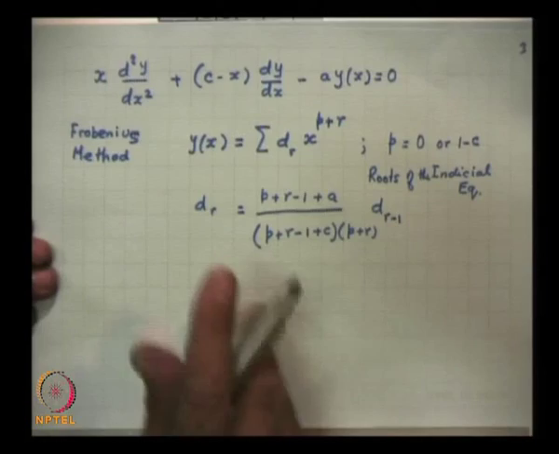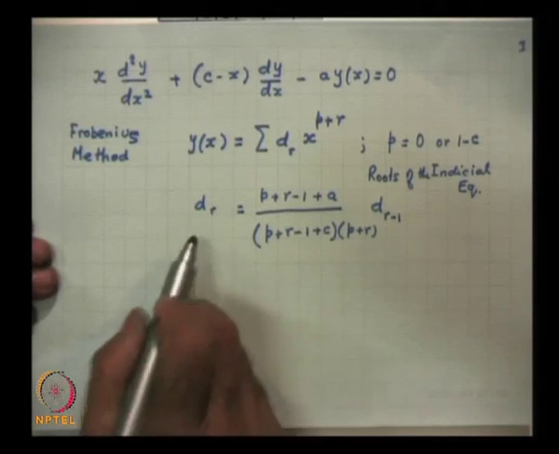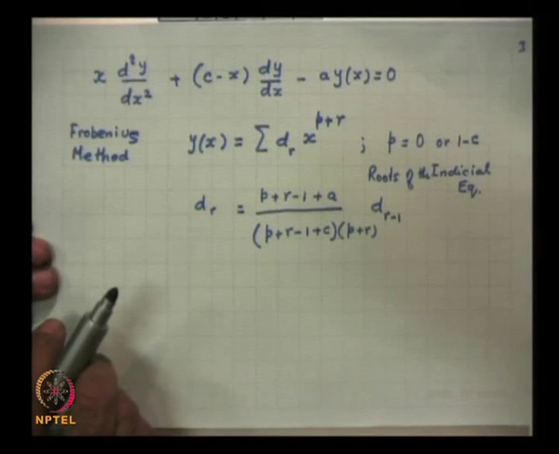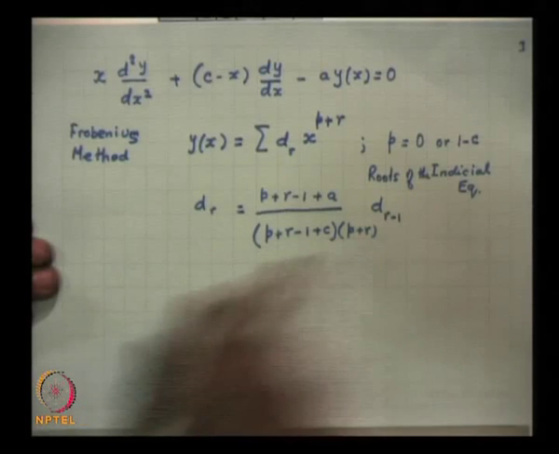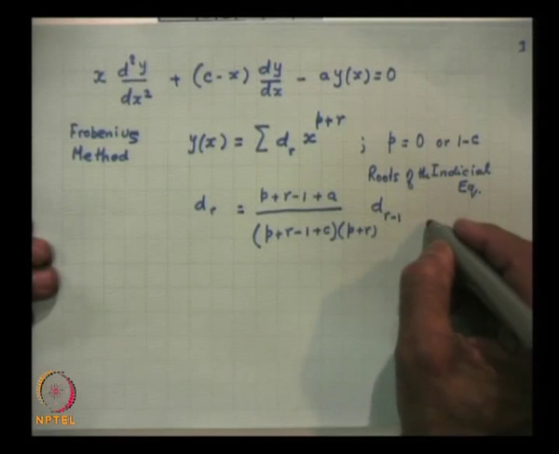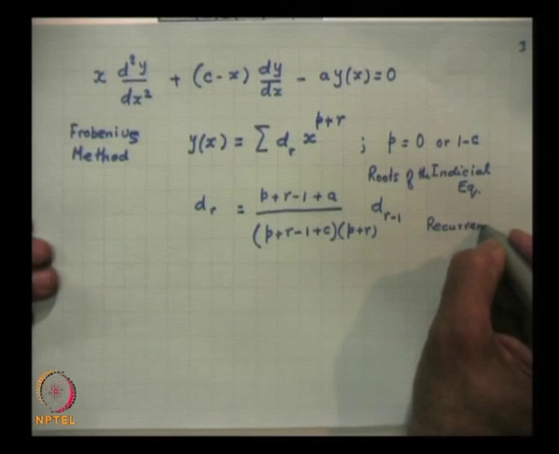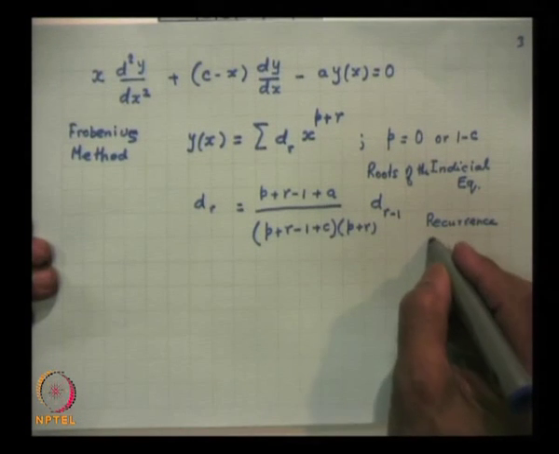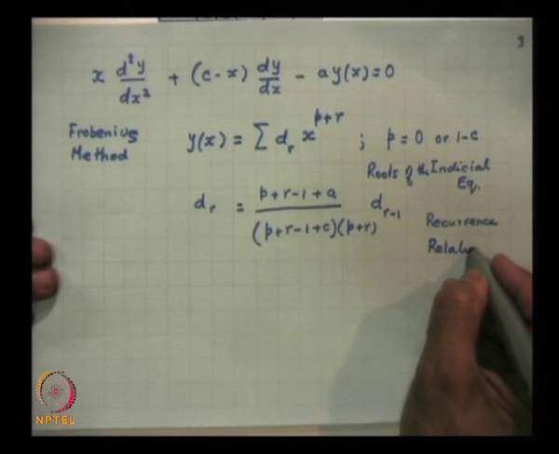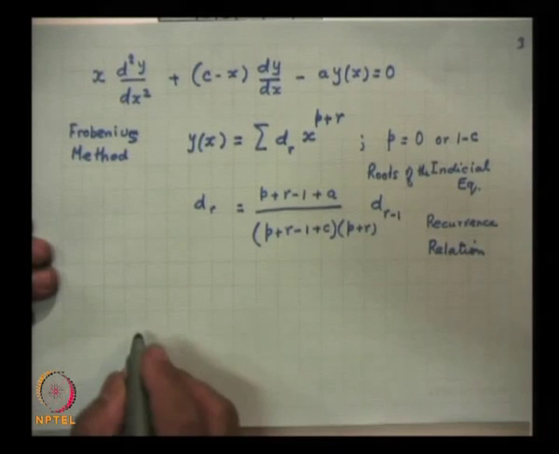So, the coefficients d_r and d_(r minus 1) are related through this equation, and this equation is known as the recurrence relation.